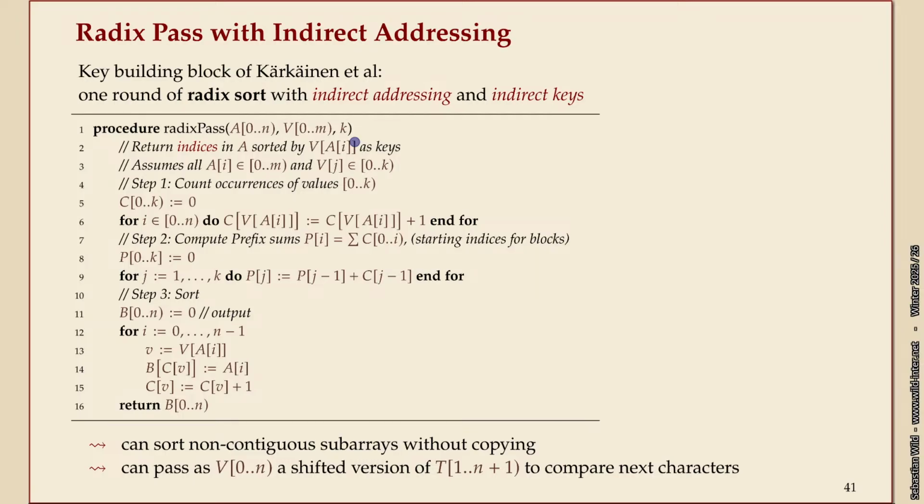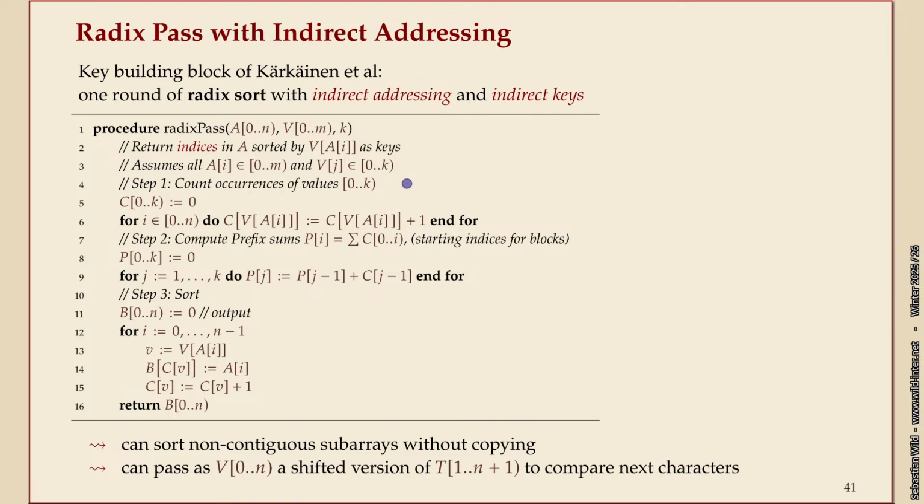You just copy out indices. K is what was sigma before. That's the range for the values. And we return again an array of the same indices in A. So you're sorting the indices in A with respect to the values V. Maybe it sounds more complicated than it is.